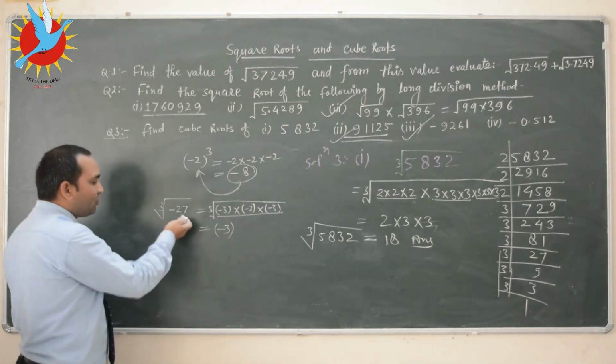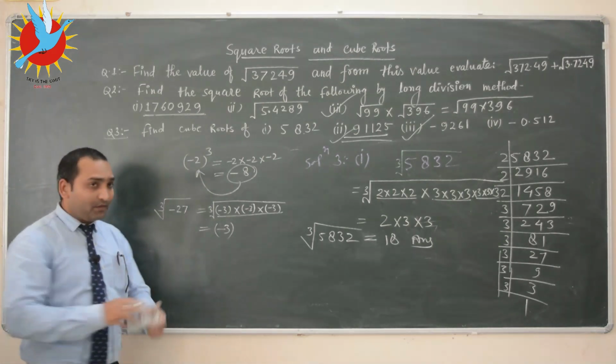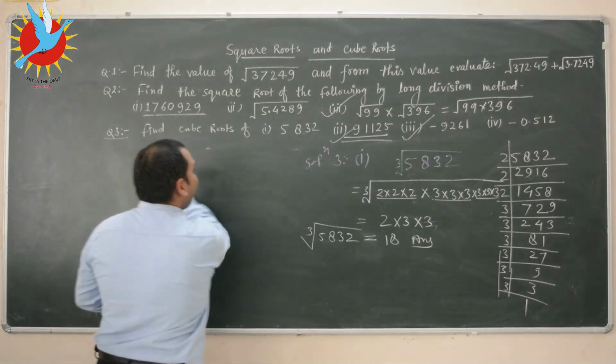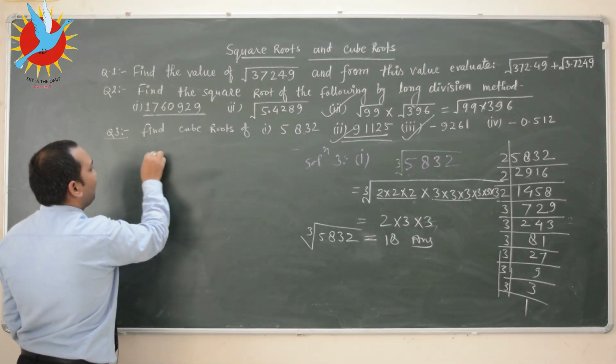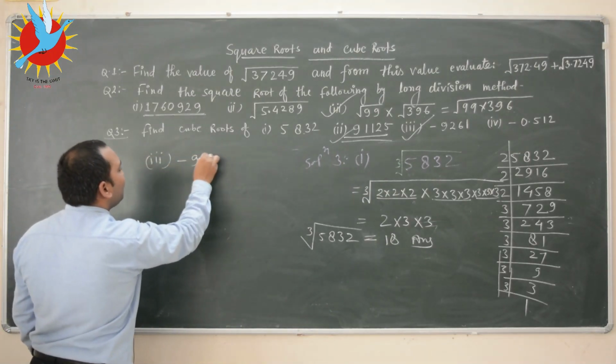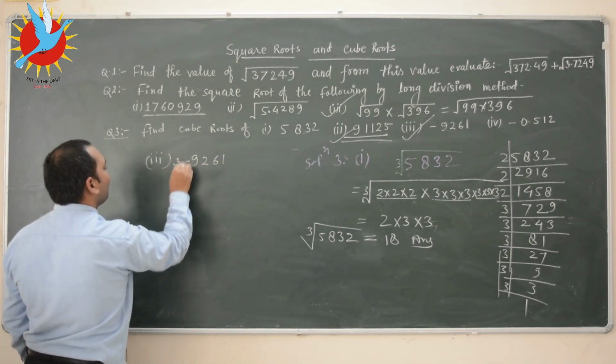So the cube root of any negative number is always negative. So the third one, minus 9261, we have to find the cube root.